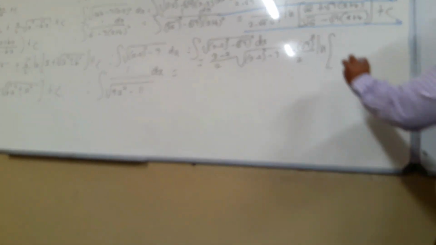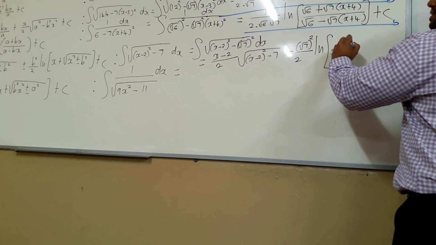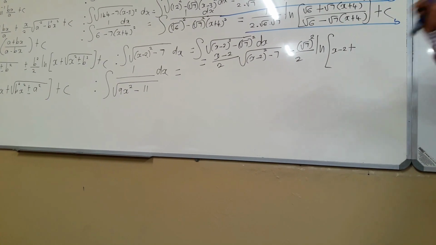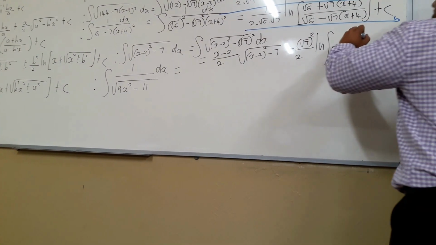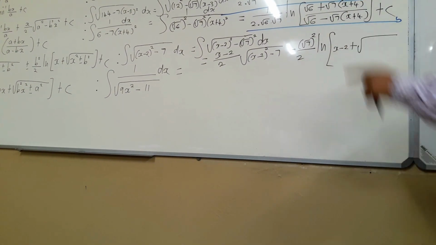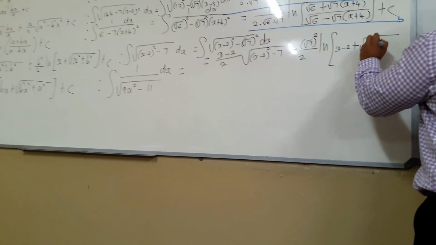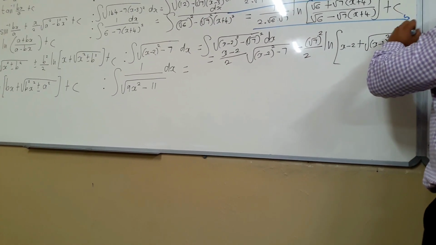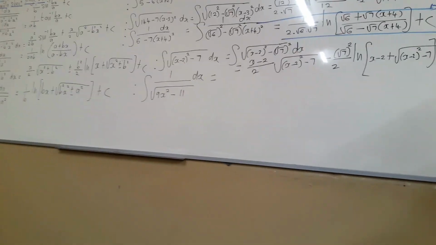What is my x? x minus 2 plus. Okay, here there is no confusion. It's just a plus, no matter which question you're given. It's a positive here times the square root of the same thing that you had, which is x minus 2 squared minus 7 plus c. You're done. We're just applying the relevant formula.